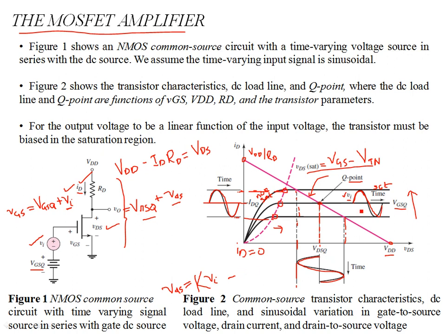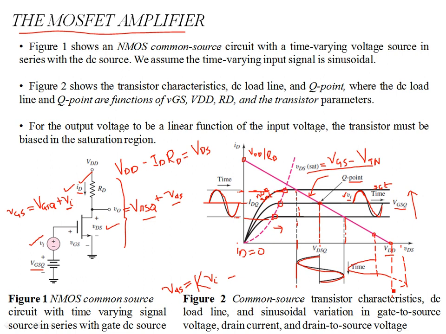What happens if it's a non-linear amplifier? You get non-linearity if you have a Q point somewhere over here. Then you might have a swing, for example a negative swing, but the positive swing is going to be cut off, because at this point VDD you cannot go beyond.